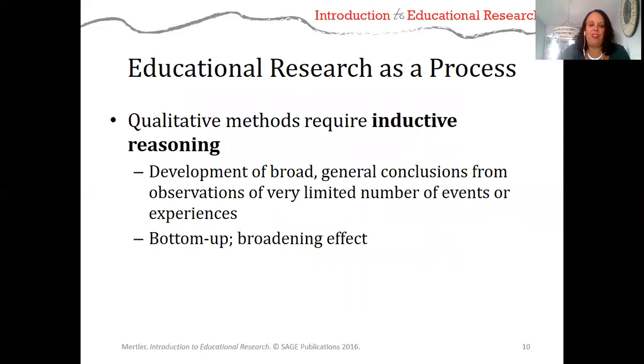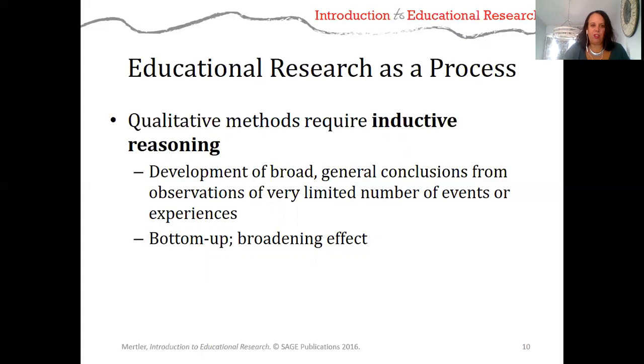On the flip side, qualitative is said to be inductive. And it's inductive because your goal is you are starting from the bottom up. You are looking at specific observations and specific cases.